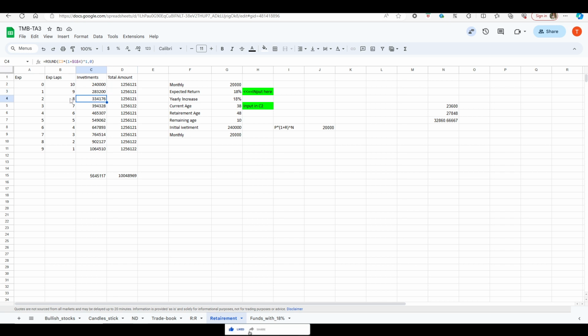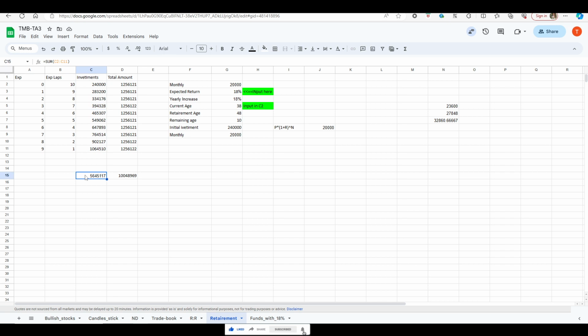For this amount 8 years, for the 8 years, if we get continuously 18% returns, we are going to get 12 lakhs 56. This is the equal amount we are going to get. In order to get this equal amount, what we are doing? We are adding 18% extra every year in the cumulative manner.